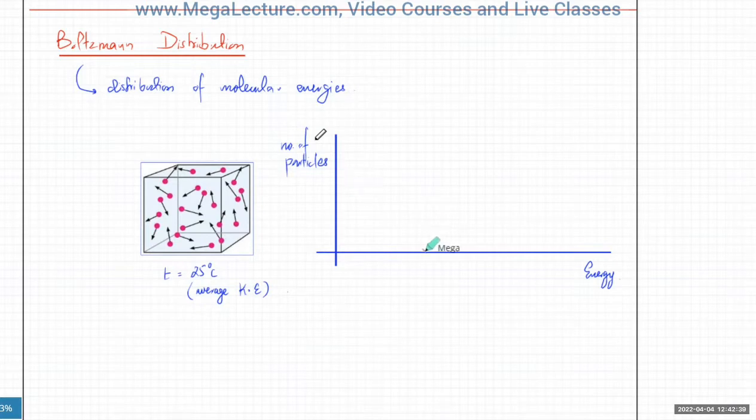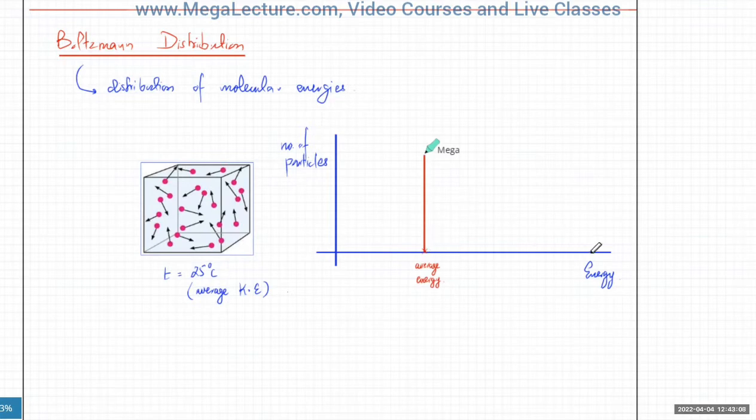So let's say this is your average energy. Now, you'll have the maximum particles at average energy. So if I were to plot this point, the maximum number of particles would be at this average energy. Let's say that's 25.